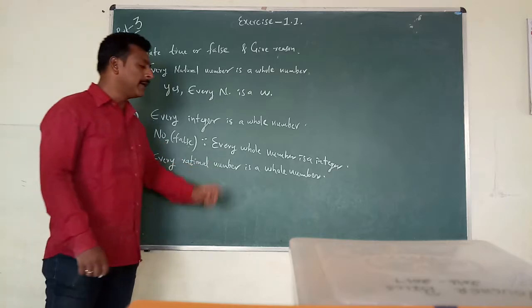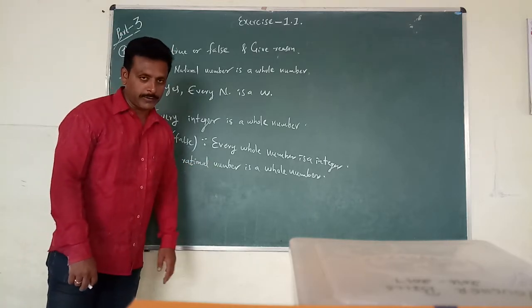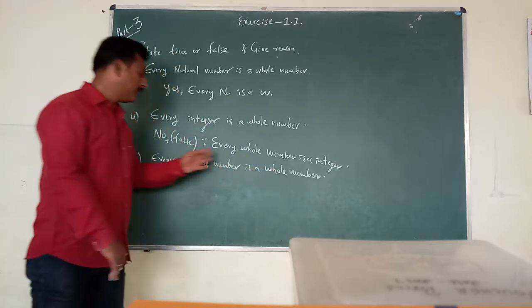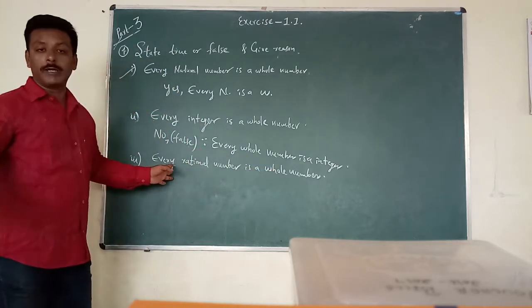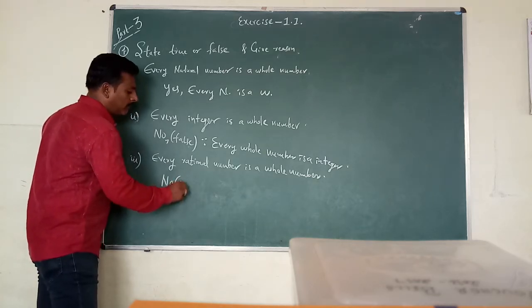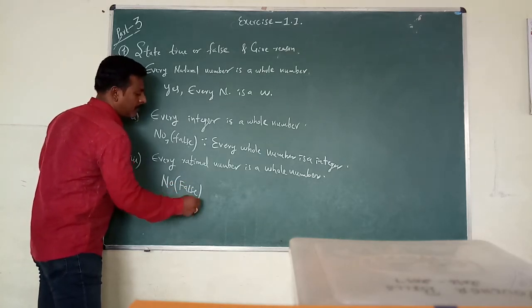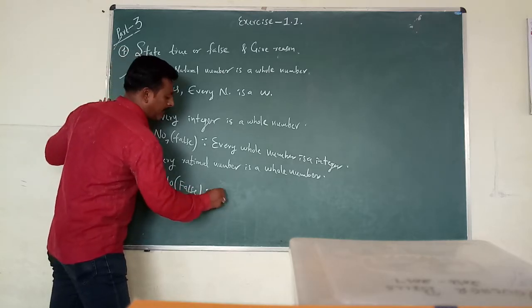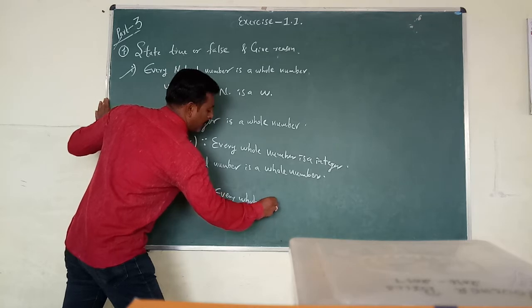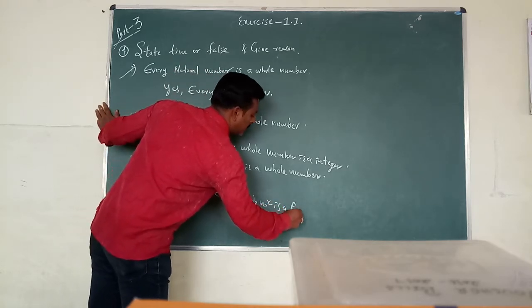What should be the third answer? Every rational number is a whole number. Do you think it is possible? No, because every whole number is a rational number, but every rational number is not a whole number. So answer is what? No or false. Because every whole number is a rational number.